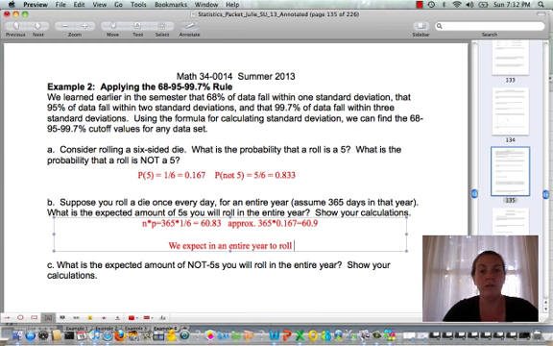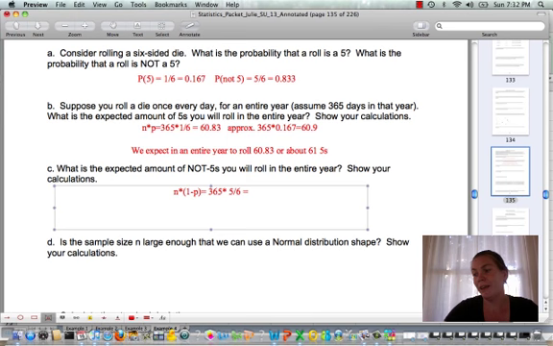Question C asks us, what is the expected amount of not 5s you will roll that entire year? So again, we can calculate n times, instead of p, we'll say 1 minus p, which is the probability of not 5. So that will be 365 times 5 out of 6. And if we calculate that, we get 304.167.